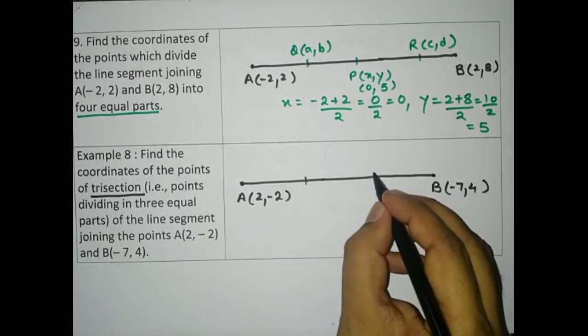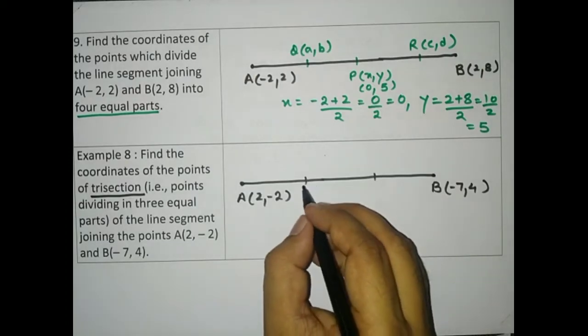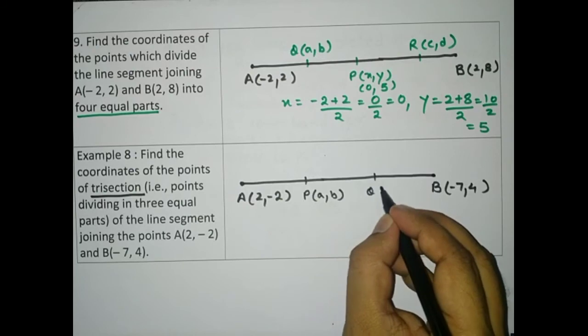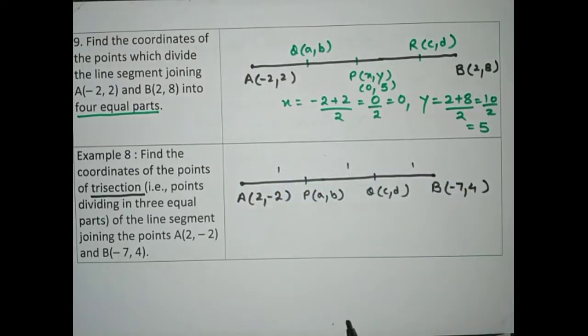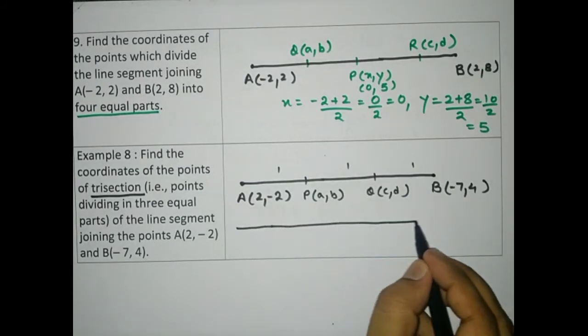Now when I say 3 equal parts, it means we need 2 points like P and Q. One part and one part. Now let us draw this line segment again.